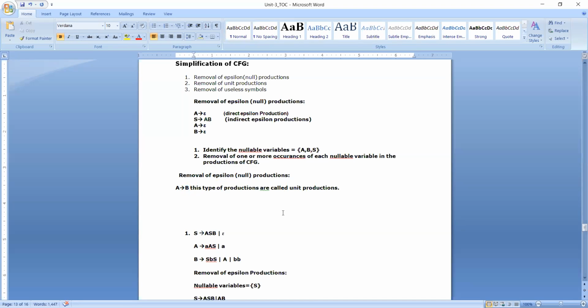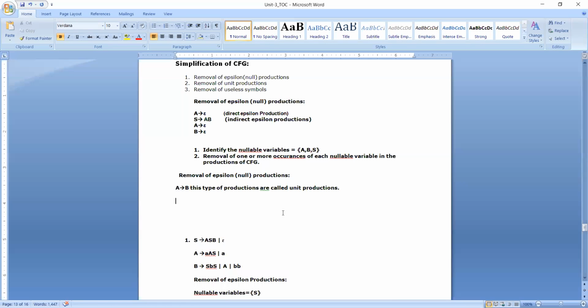Let me tell you one simple example. We have a production like this: S derives to capital A, capital B, or capital C. And there is a production A derives to AB or AB or A. This is the A production.